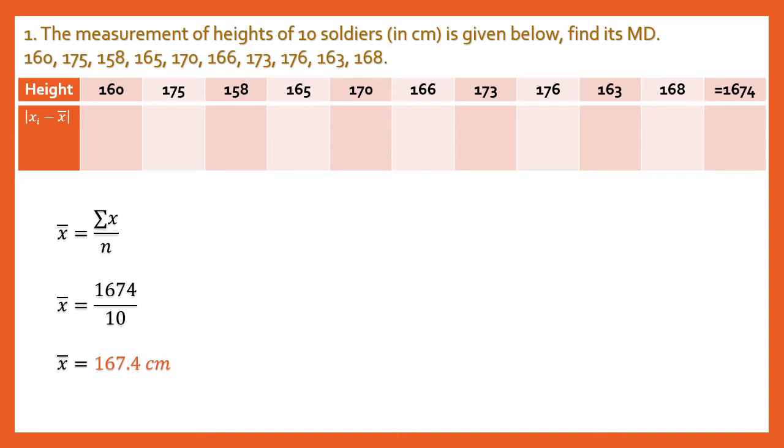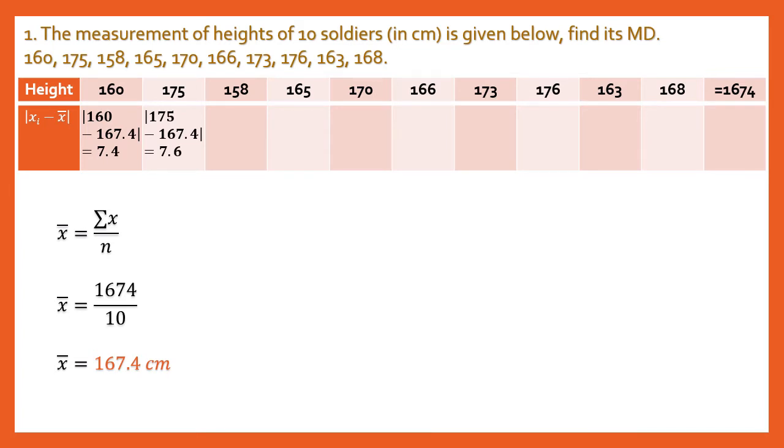Even if it's a negative value, I'm going to write it down as a positive value, because there is a modulus there, and modulus means absolute values, and absolute values are always positive values. Let's see, 160 minus 167.4 will be 7.4. Usually this is a negative answer, but because it is in the modulus, I will write it as a positive answer, that is 7.4. 175 minus 167.4 will be 7.6.